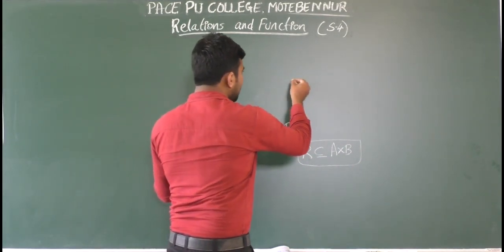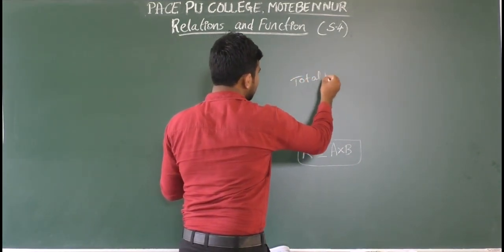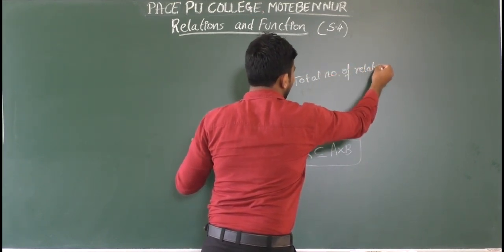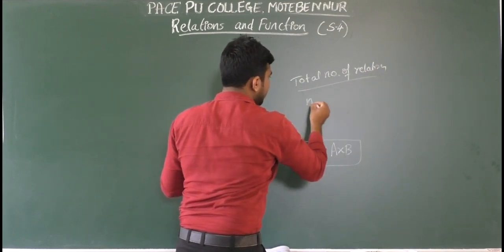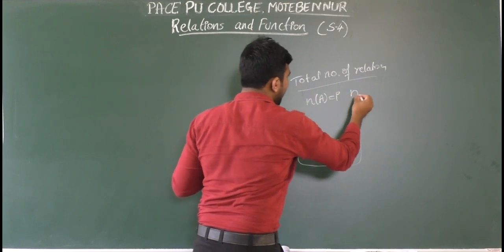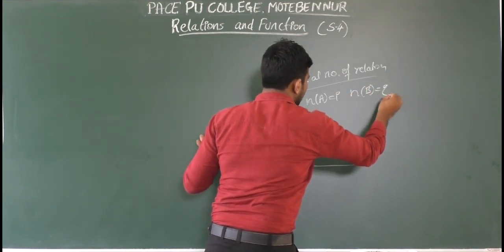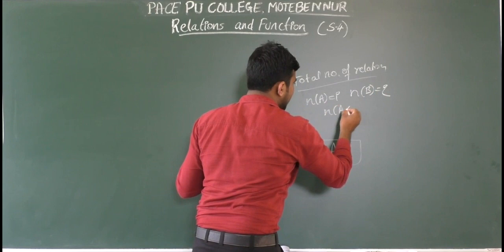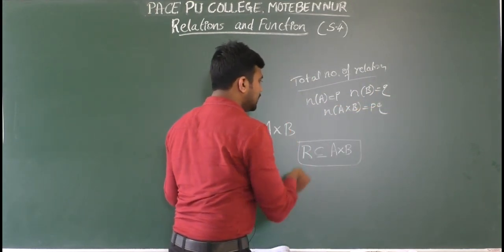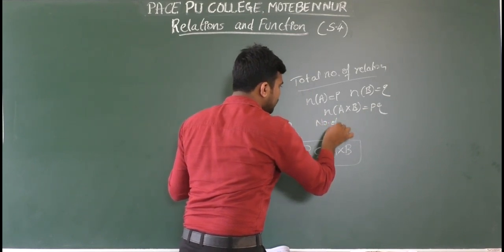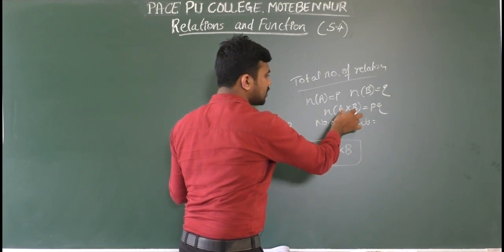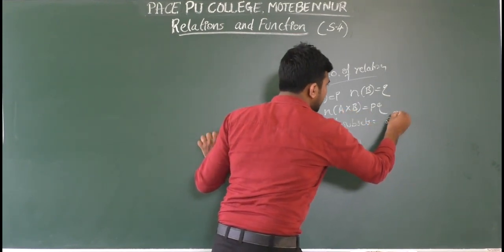And then the total number of relations also we discussed. How many relations will we get if A has P elements and B has Q elements? The number of elements in the Cartesian product of A and B is P into Q. But the number of subsets of this Cartesian product is 2 to the power PQ.